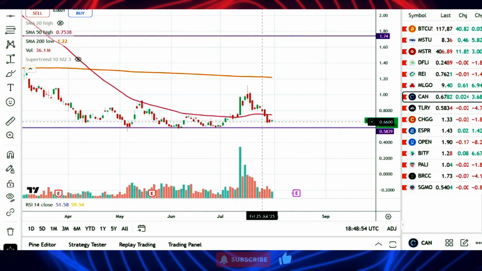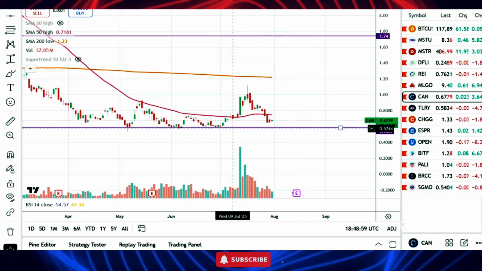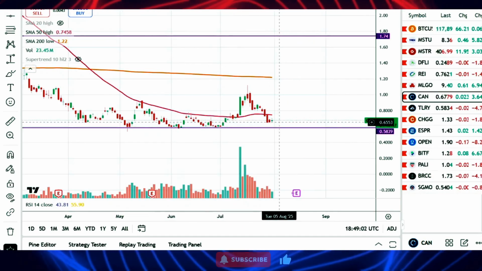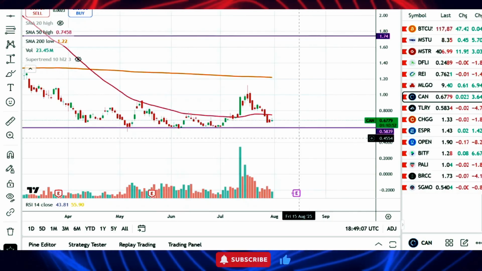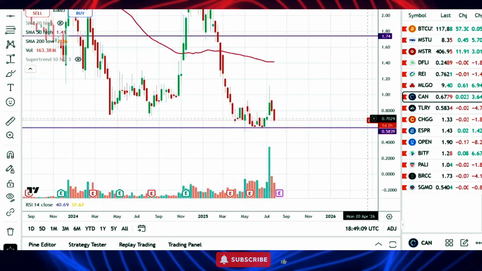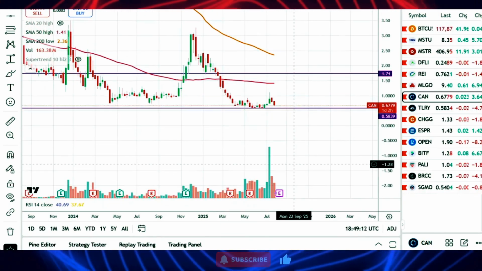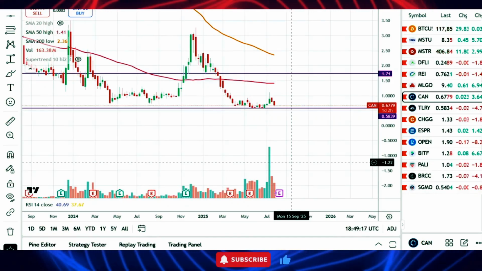But from here, it looks pretty obvious that it's going to test this price point again. And then after it tests it, maybe it'll stay there for a day or two. It'll start to rally back up. So that's it for the Canon stock. But overall, big picture, I am still very hopeful of this stock because I showed you in the original video, it had a high short float and it is a Bitcoin play, and Bitcoin will continue to rally.